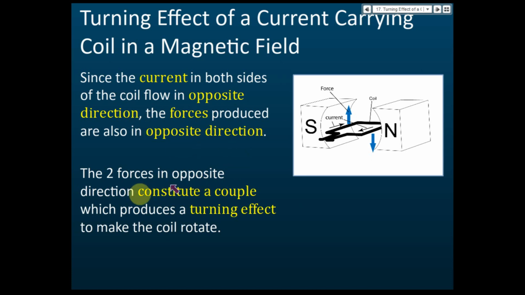The two forces in opposite directions constitute a couple, which produces a turning effect to make the coil rotate. So one force goes up, one force goes down. This will produce what we call a couple, or sometimes a torque. This couple will make the coil rotate and produce a turning effect.